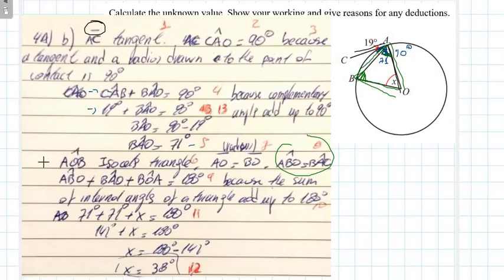Then you can write the relation with all the angles. You say that ABO plus BAO plus BOA equals 180, because the sum of internal angles of a triangle adds up to 180.